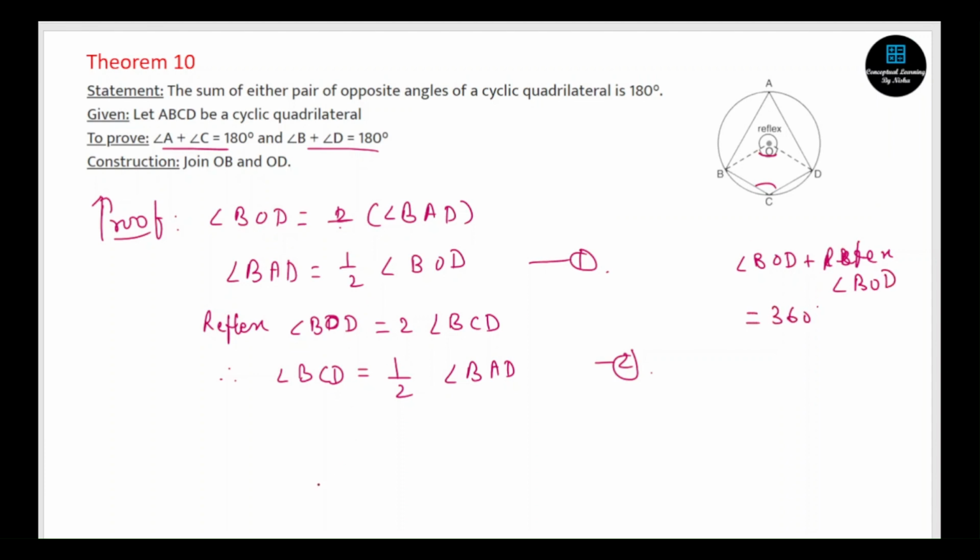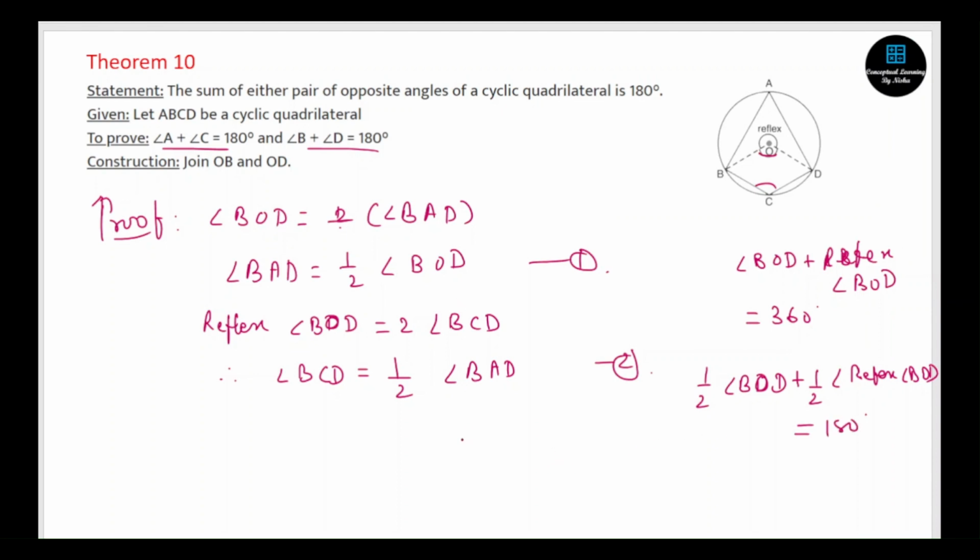So when I add these two, they're half. So half of angle BOD plus half of reflex angle BOD equals 180 degrees, correct?